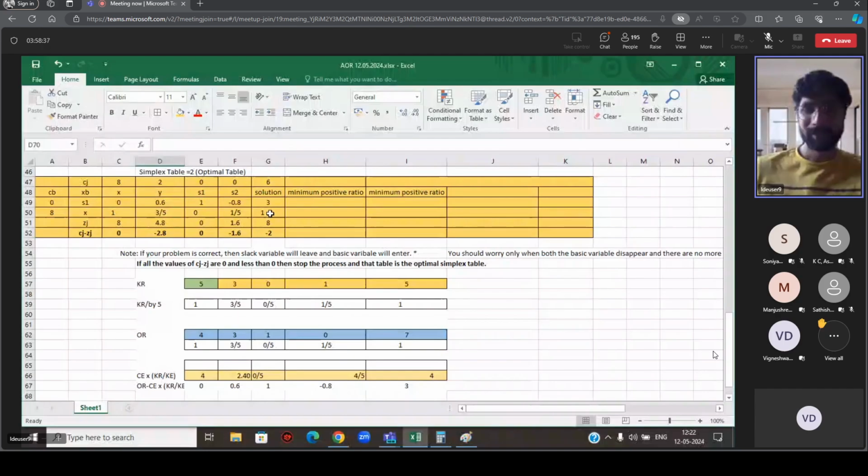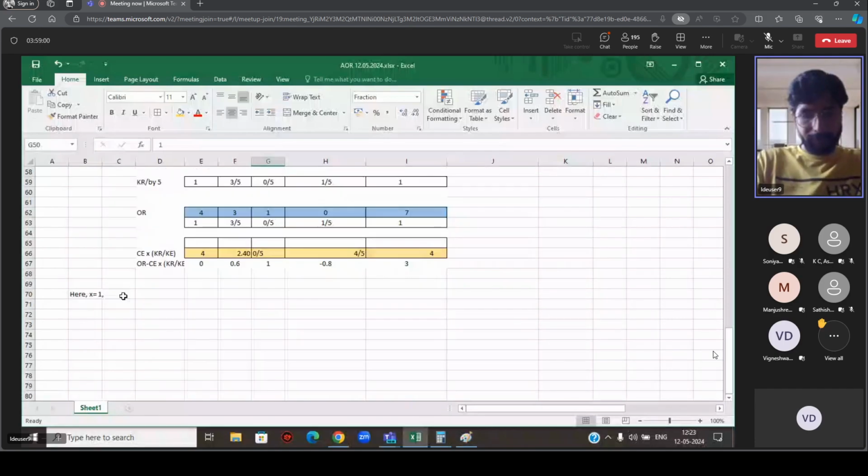So here x is equal to 1, and y is not there. When y is not there, you take it as 0. So here x is 1 and y is 0. Substitute this in the objective function to get max z.